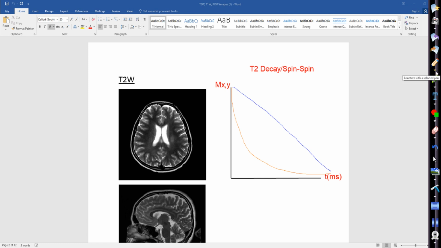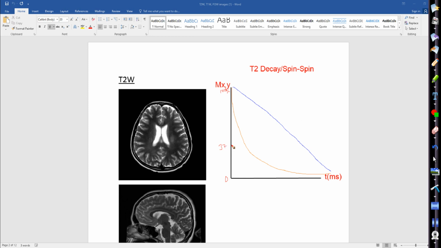Right? So at the top here, it's 100%. And goes all the way down to 0. All right, and then what's the percentage I should draw or at least mark on a T2 decay curve? 37. So I'll put it about right here, one third down.